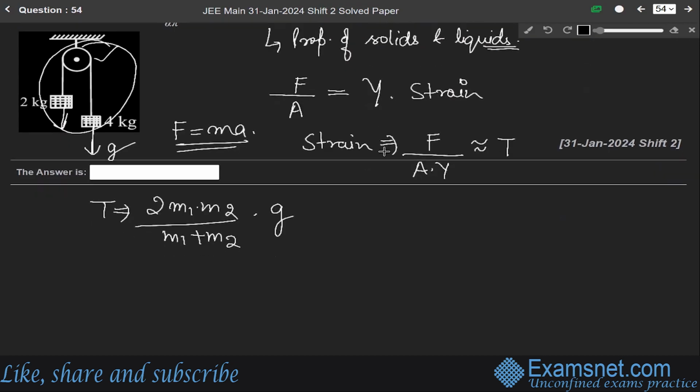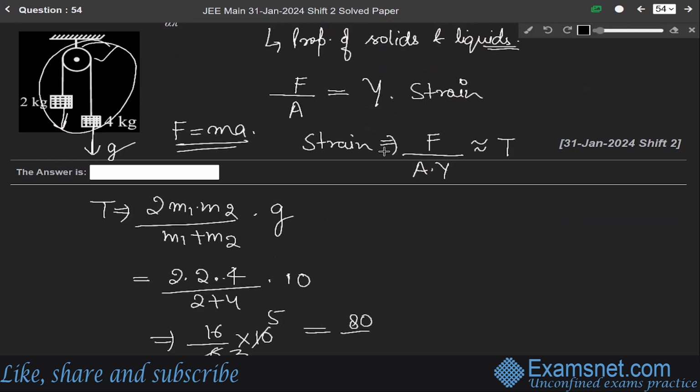So it will be 2 into 2 into 4 over 2 plus 4 into gravity 10. So we get 16 over 6 into 10, which is 80 over 3 Newton. So tension in this pulley system is 80 over 3 Newton.